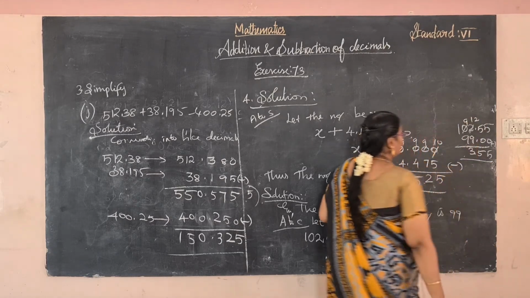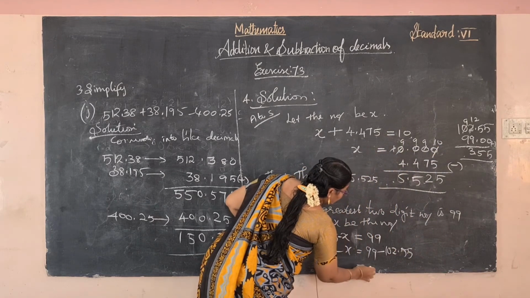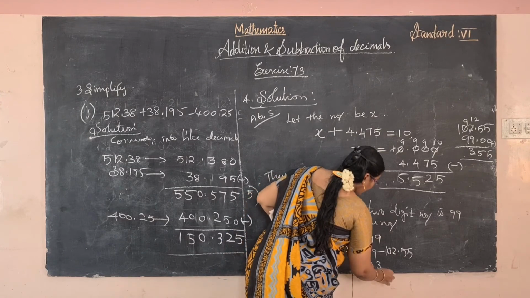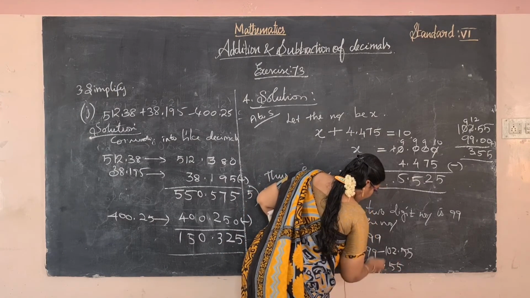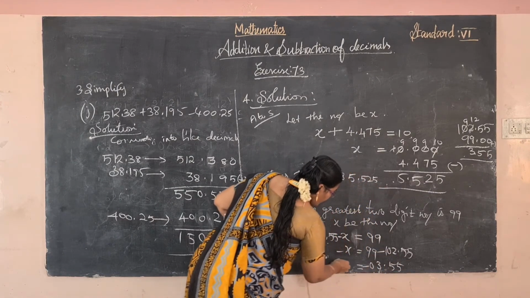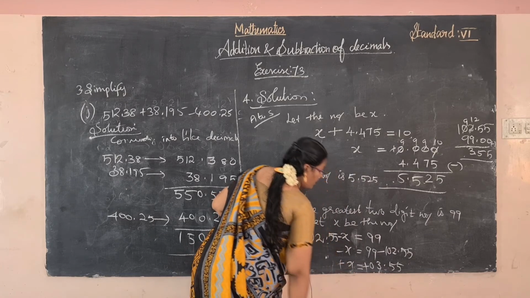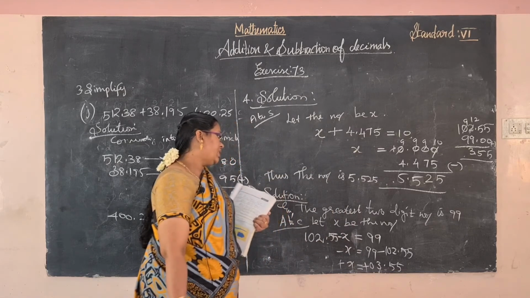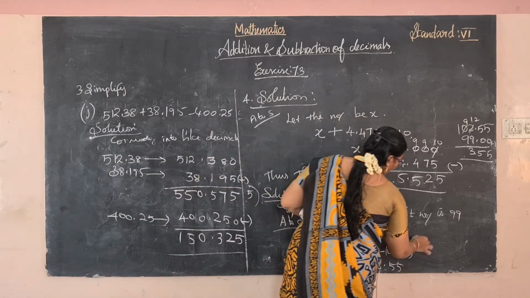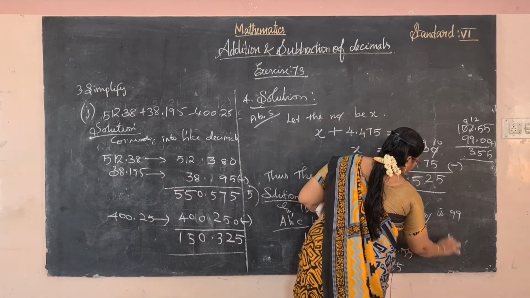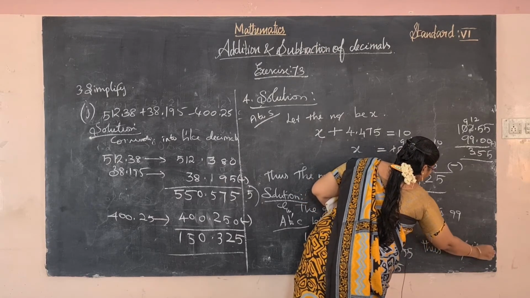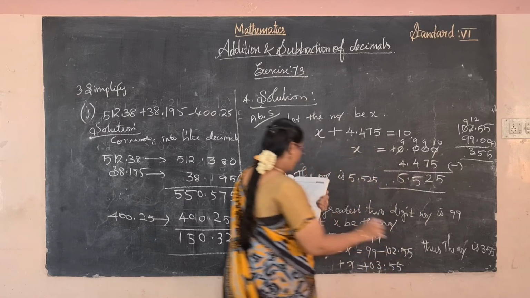So answer for this problem 0.03.55. Okay, so greatest number sign is minus. So minus minus plus. So x equal to 3.55. Thus the number is 3.55. Right.